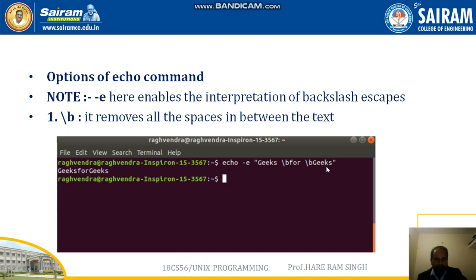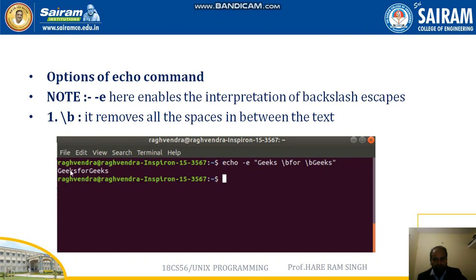Options of the echo command. We have different options. Suppose minus e enables the interpretation of backslash escapes. Backslash b removes all the spaces in between the text.